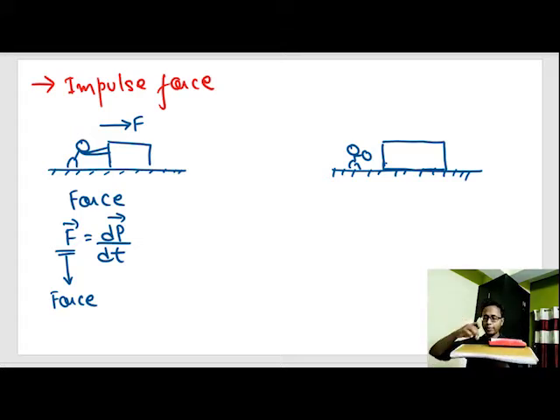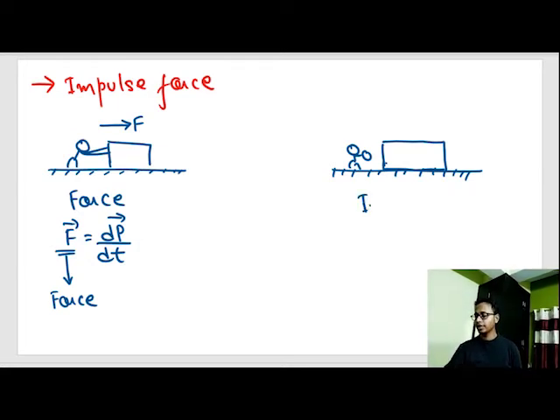So when I applied the force for a very small time, from velocity equals to 0, this body changed its velocity to some velocity v. But after I withdraw my force, it is no longer changing its velocity. So the force applied for that very small duration is nothing but impulse.